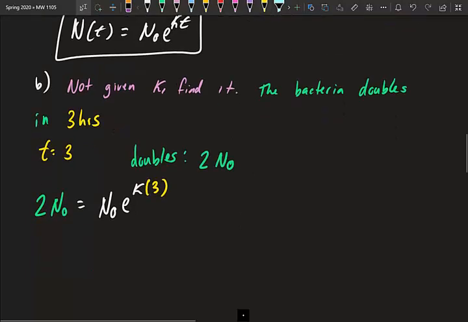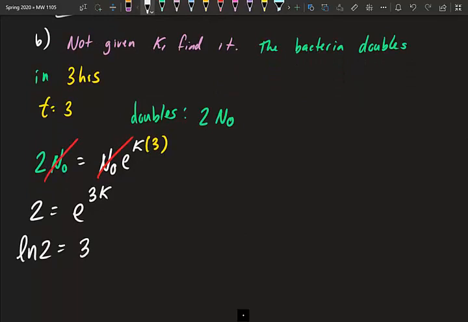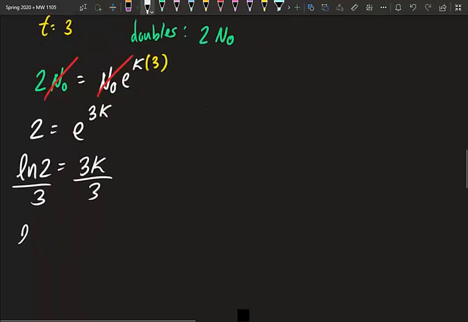So let's solve for k. Because these are on opposing sides and there's no plus or minus, we're allowed to cancel them. So we're left with 2 equals e to the power of 3k. There's nothing in front of e, so we can switch this. We have ln 2 equals 3k. Divide by 3. So ln 2 over 3 equals k.